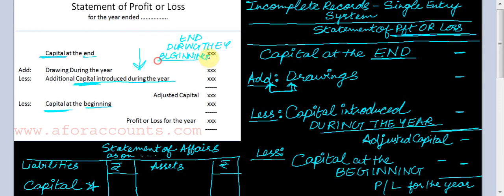Remember this sequence, and remember add less. If you remember this much, in an example I will tell you how you get to know the profit and loss even if you have not kept your records on dual entry system. Just see this clip 2 more times so that this format is registered in your mind, and then move up to the question.